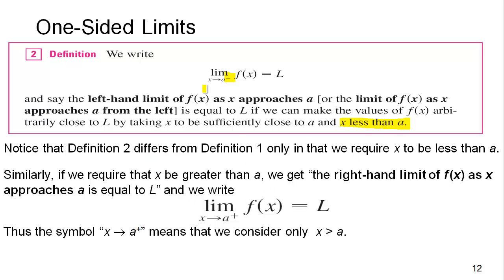And then similarly, we can rewrite this entire thing and put a little plus. And when we put a little plus symbol there, that just means that x has to be greater than a. So we're coming at it from values above it. And everything's still the same. The definition is exactly the same. The only difference is here we would put x greater than a instead of x less than a.